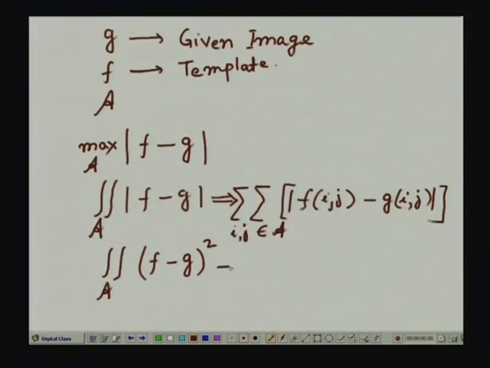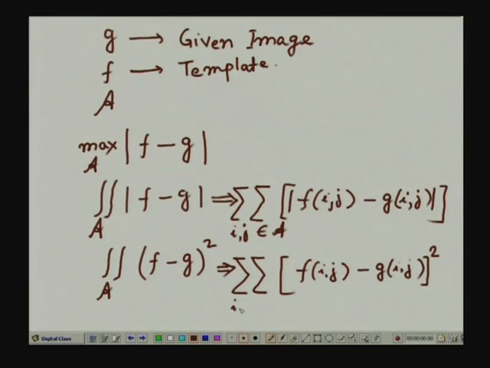And if I convert this expression again into the digital form, this becomes F ij minus G ij, square of this, and take the double summation for all ij belonging to that region A. So, this is nothing but the sum of the difference squares.